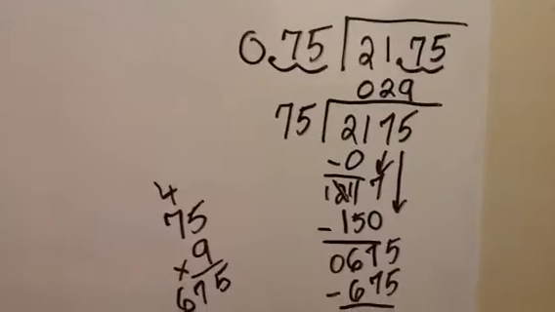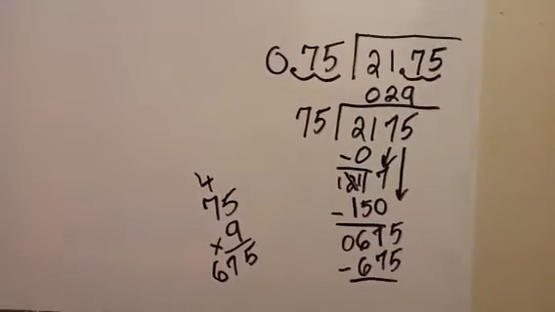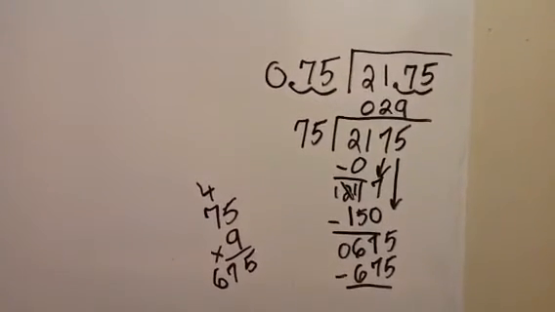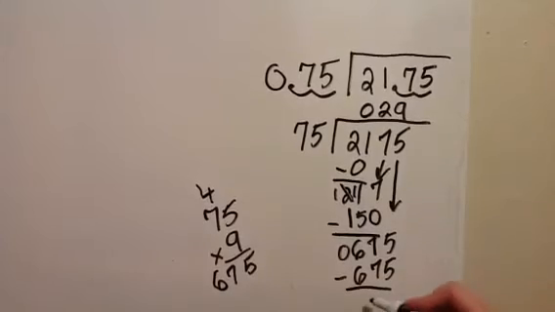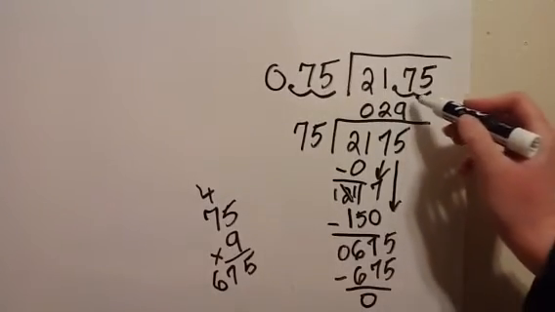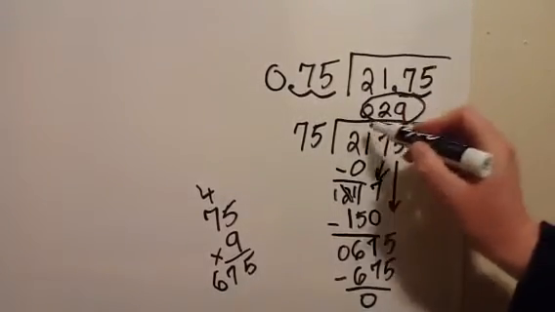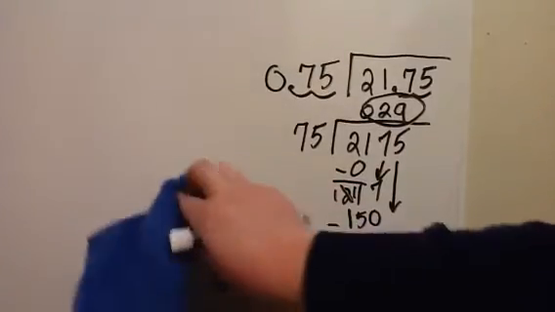And we're going to need to slide back a little bit. And that's going to give us 0. So our quotient is 29 because we can drop the 0.